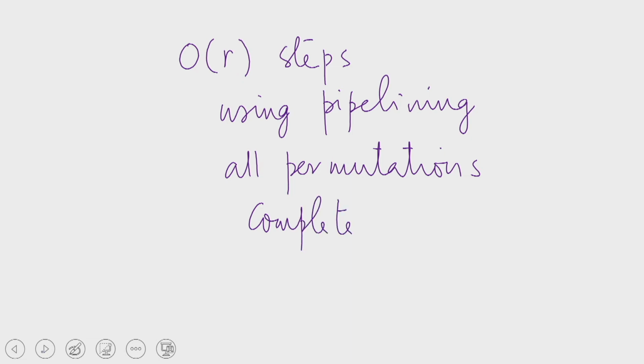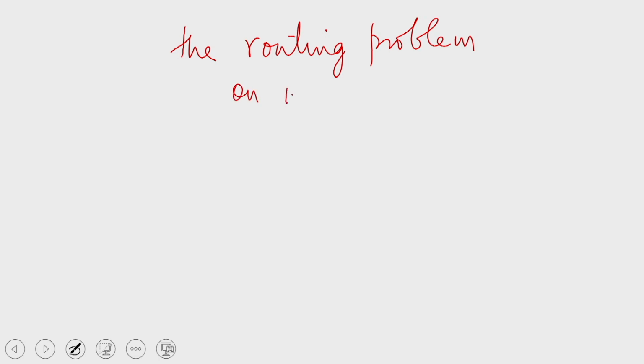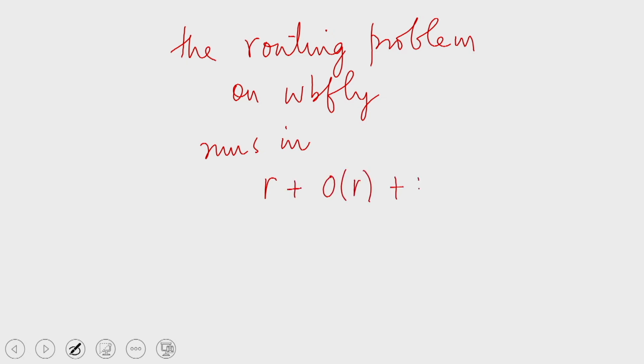So, now putting it all together, what we find is that the routing problem on the wrap butterfly runs in r plus order of r plus r steps, which is order of r steps.